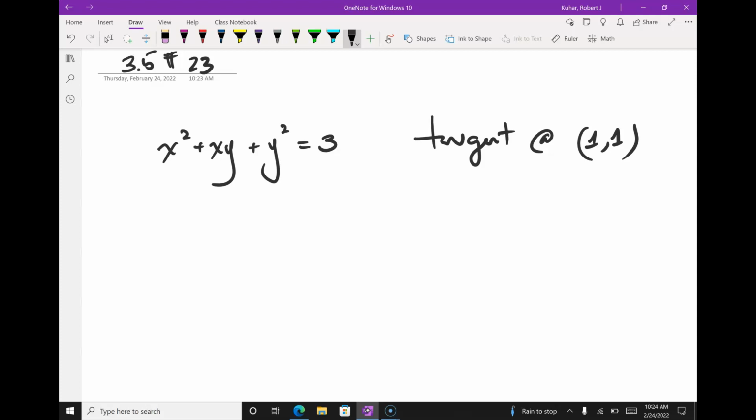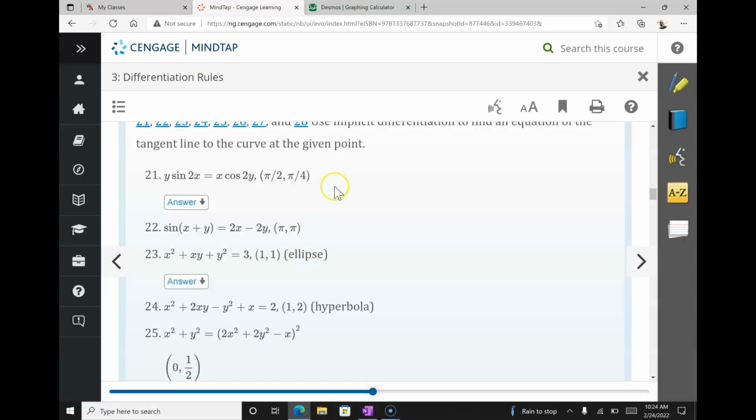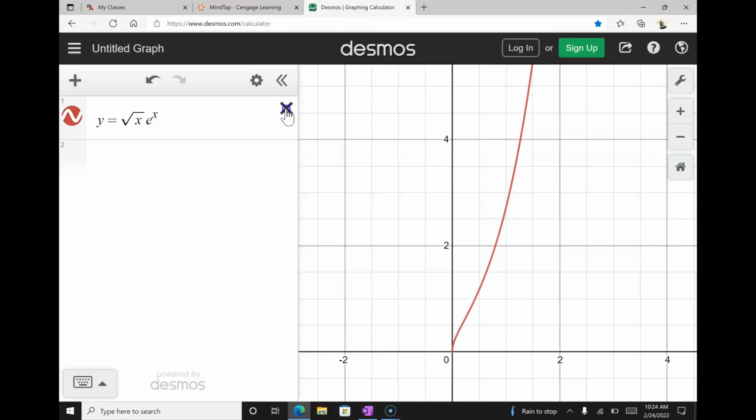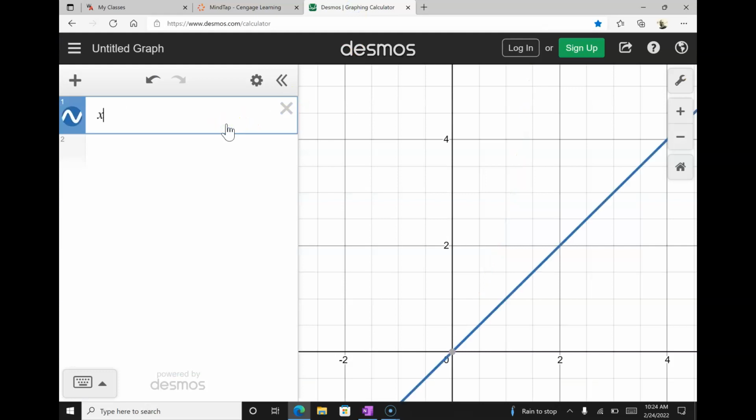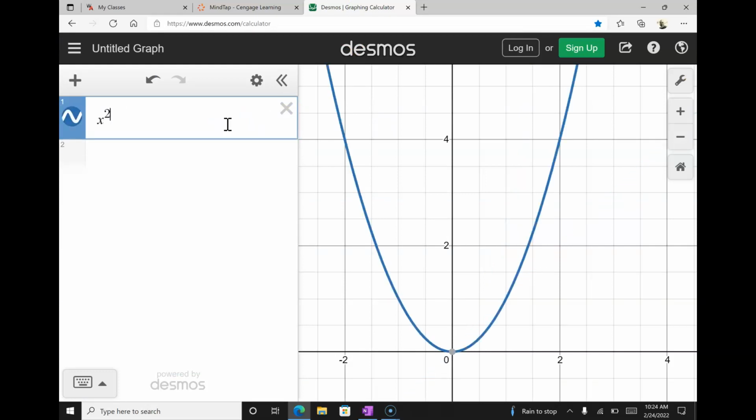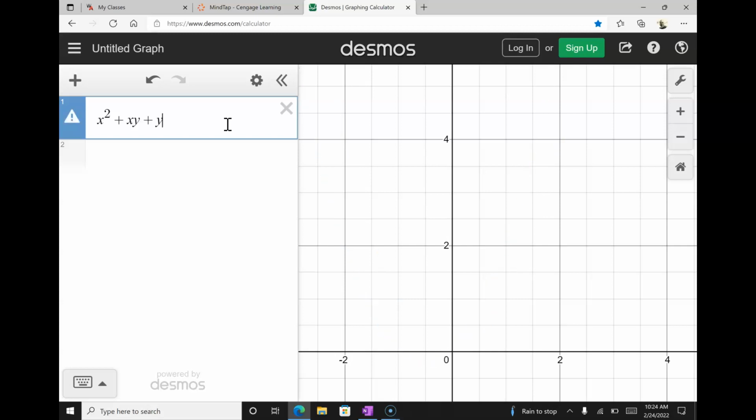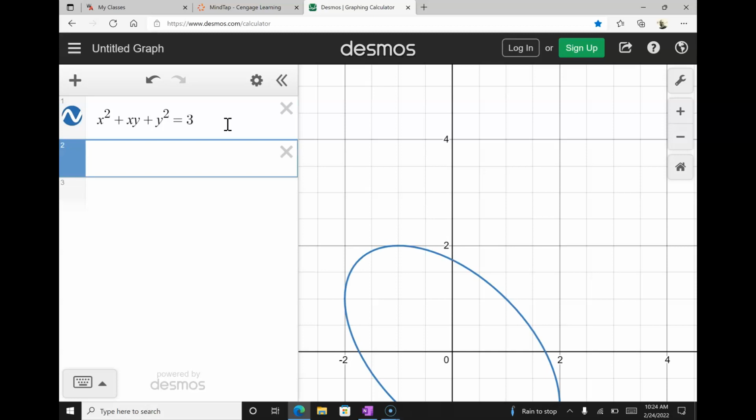So first of all, let's take a look at this graph. So I've got x squared plus xy plus y squared equals 3. And I'm graphing, I want the tangent line at 1, 1.